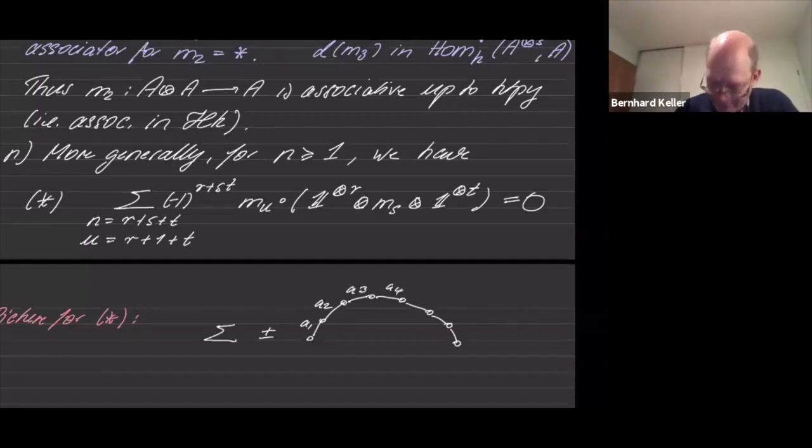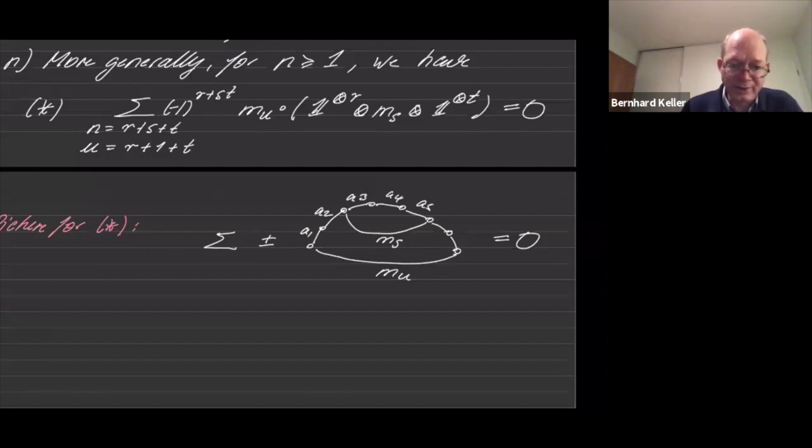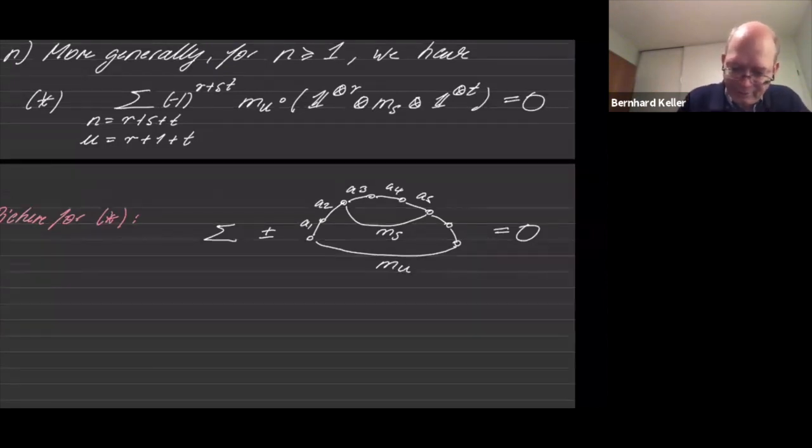Then we pick some arguments in the middle and apply Ms. That gives us a chain of length r plus 1 plus t, which is equal to u, and then we apply Mu to the chain, and this sum should vanish.